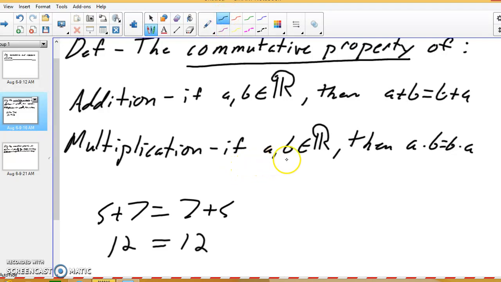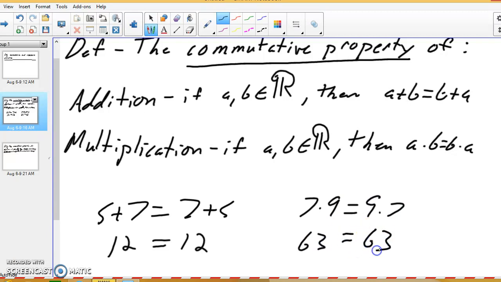If A and B are elements of the real numbers, then A multiplied by B is equal to B multiplied by A. We can see that in, say, 7 times 9 is equal to 9 times 7. 7 times 9, that's 63. 9 times 7, that's 63 as well. So again, this commutative property is nothing too complex. It's just stating something that is fairly simple.